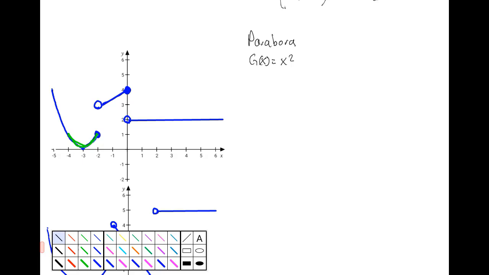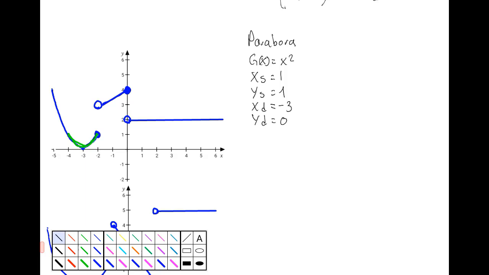Then the x size doesn't change, so it's 1, because the y is 2 using that reference. Then the y size is 1 because it is also from 0 to 1. We have an x displacement of negative 3 because now the vertex x coordinate is negative 3, and the y coordinate of the vertex is still 0, so the y displacement is 0.